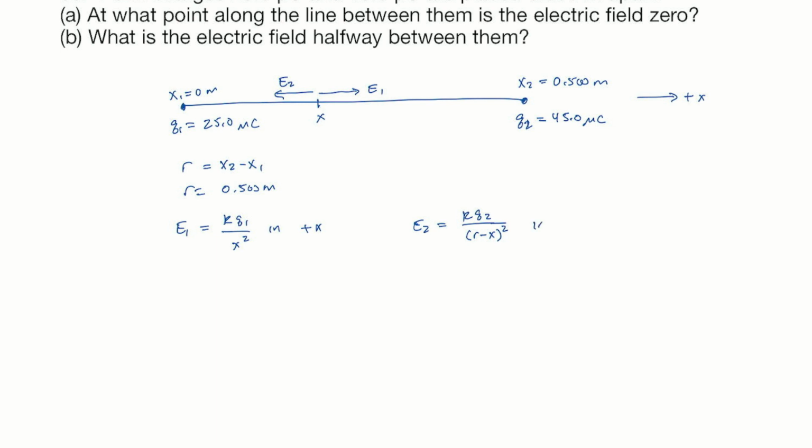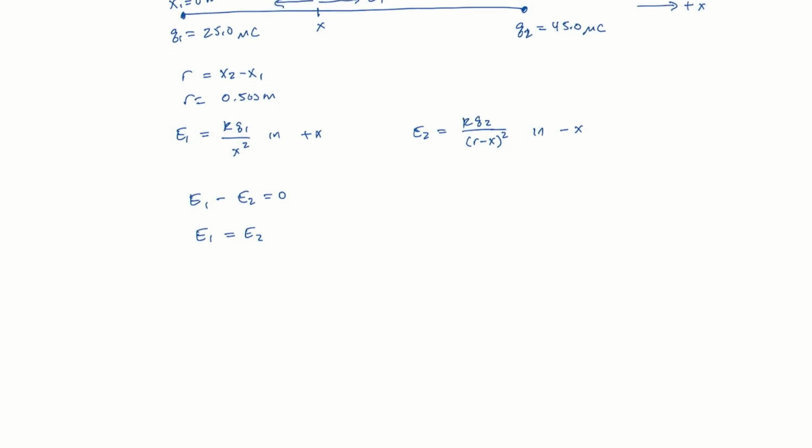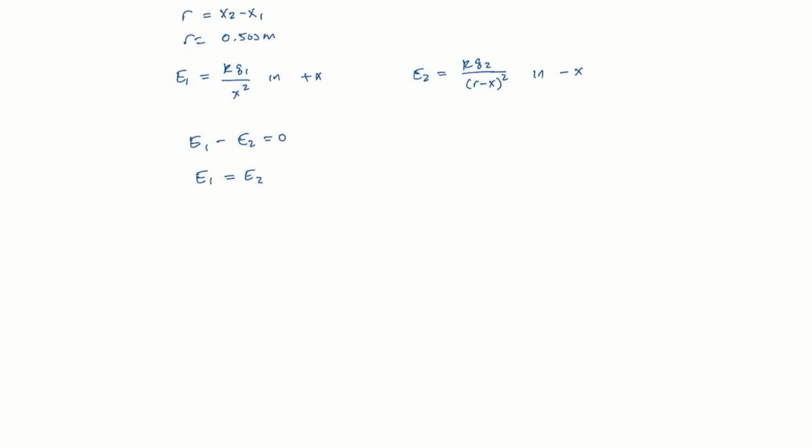This one is in the minus X direction. So what we have is E1 minus E2 is 0. Adding the E2 to both sides, E1 is equal to E2. We can substitute for the E's. We have K Q1 over X squared is K Q2 over R minus X squared.